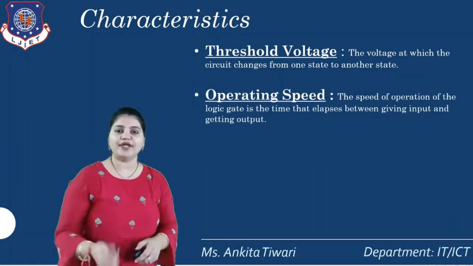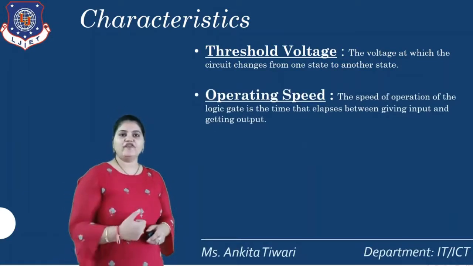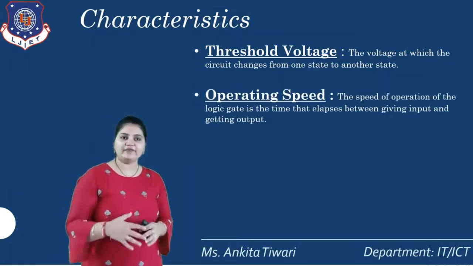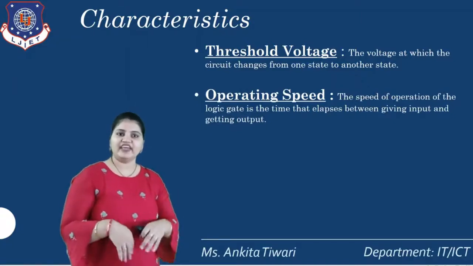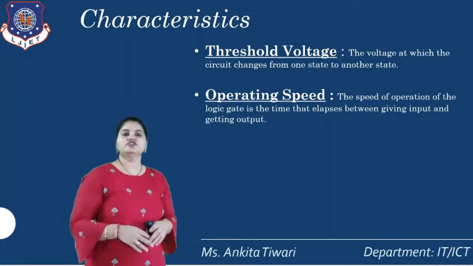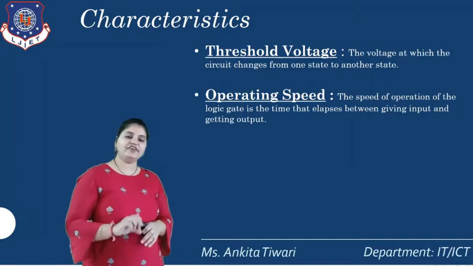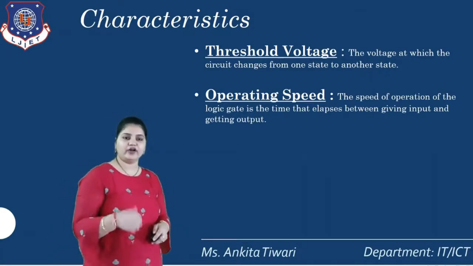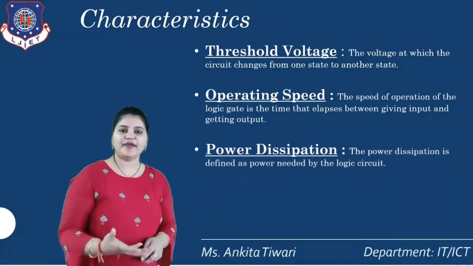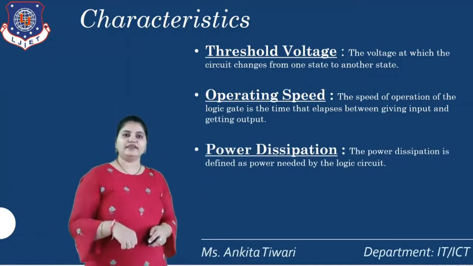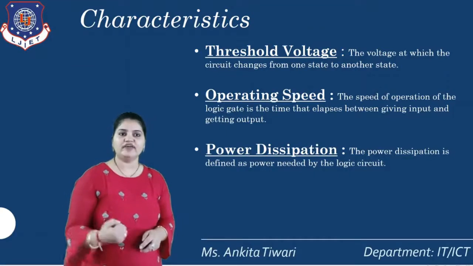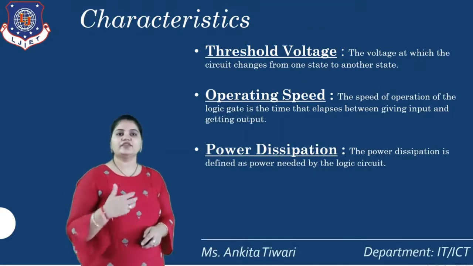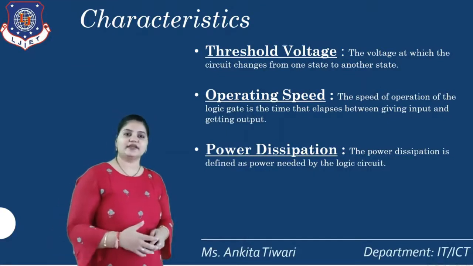After that, we have operating speed. It is the speed of operation of the logic gate, the time that elapses between the given input and the resulting output. So this is the operating speed that we need to find out whenever any device is being used, to get the output from the input. With respect to that, we have another characteristic, power dissipation. Power dissipation is defined as the power needed by the logic circuit.